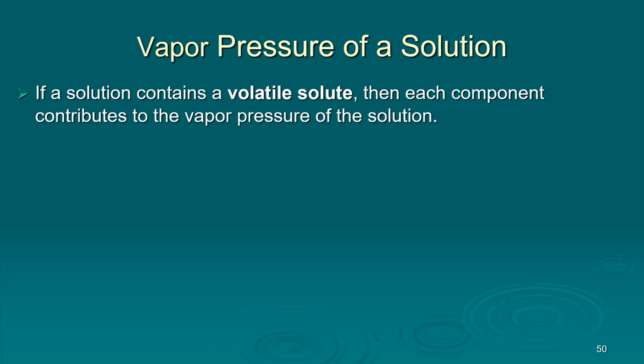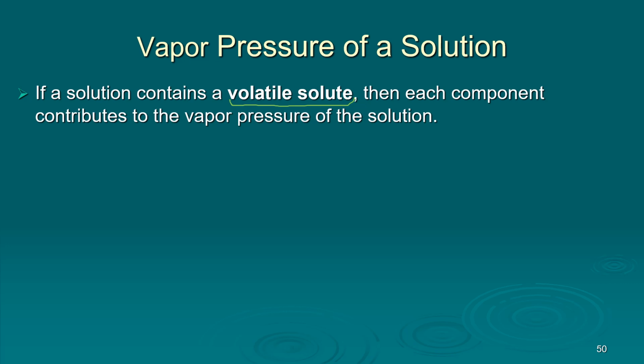All right, so like I said, that last problem said that the solute was non-volatile. It gets much more complicated if it's a volatile solute, because what that means is both the solvent and the solute have vapor pressure.